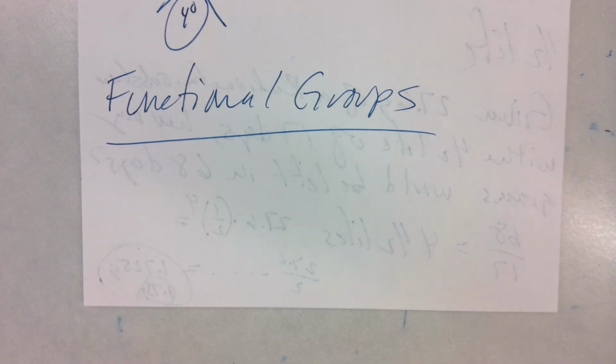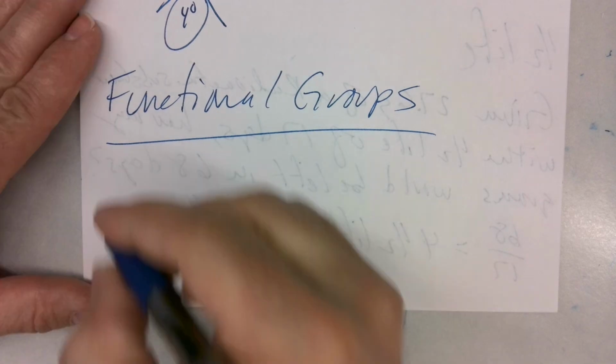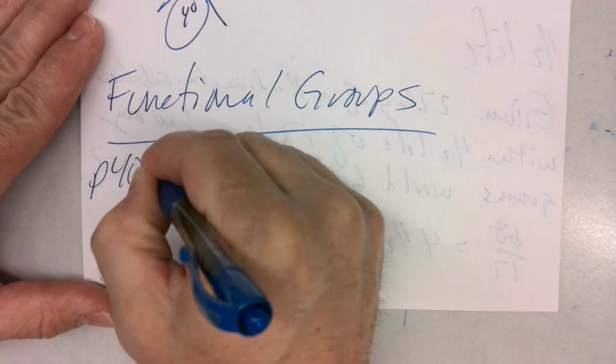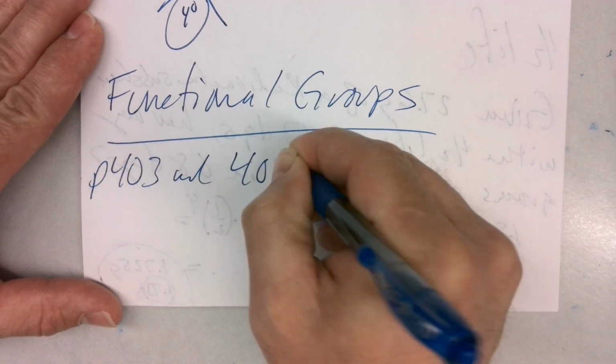I realize you get a double-sided 3x5, but I am not sure how much space I would devote to those functional groups. Anybody remember what I'm talking about? Yeah, this is page 403 and 405.